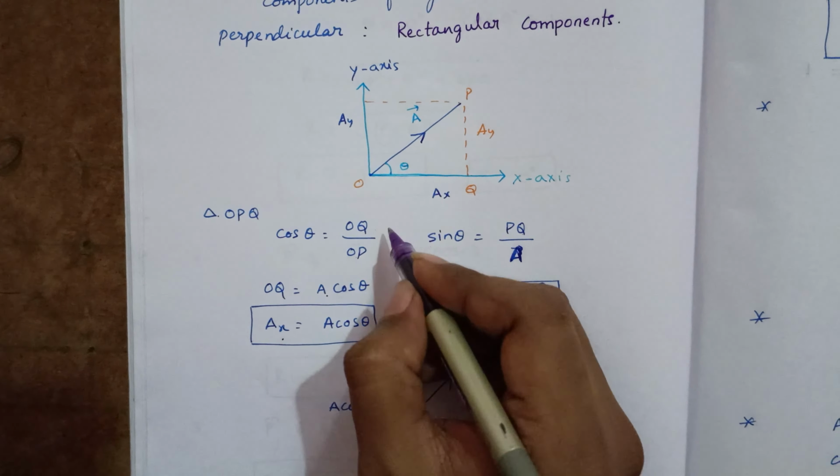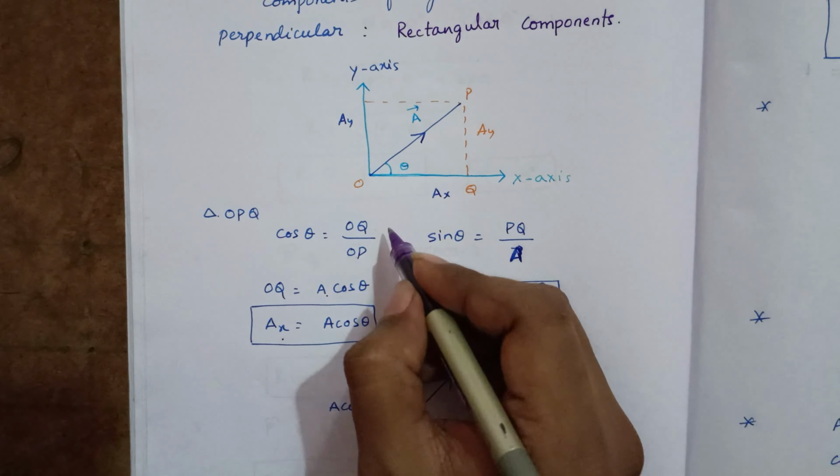At the same time, sin theta is opposite side by hypotenuse. Opposite side is PQ, hypotenuse is OP. PQ by OP. Now instead of PQ, we can write AY. Instead of OP, we can write A. So again, if you do cross multiplication, AY equal to A sin theta, which is very, very important.